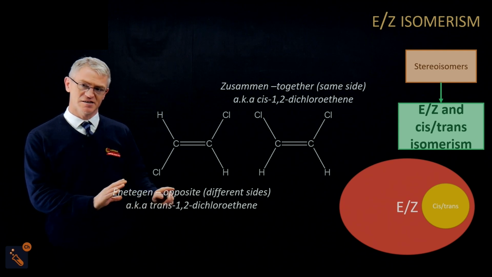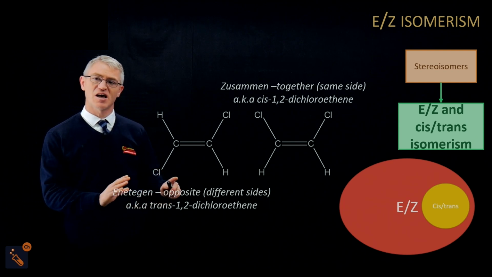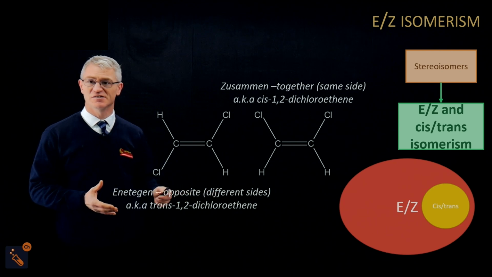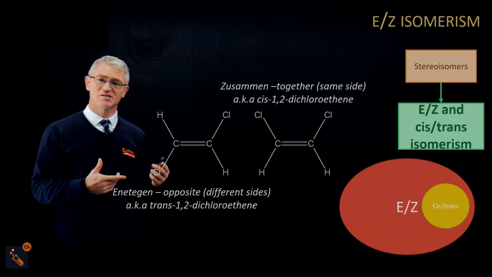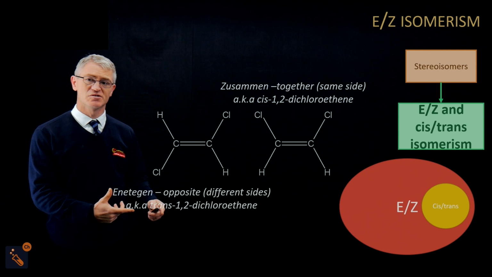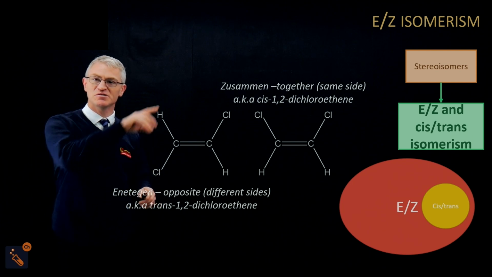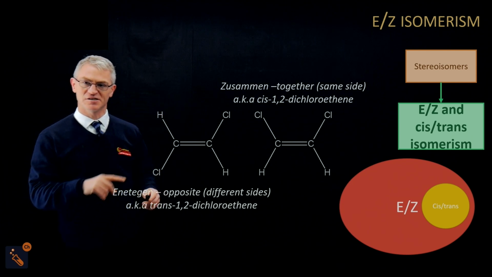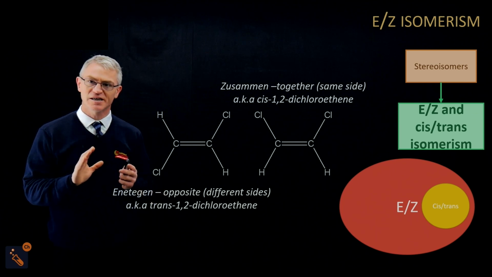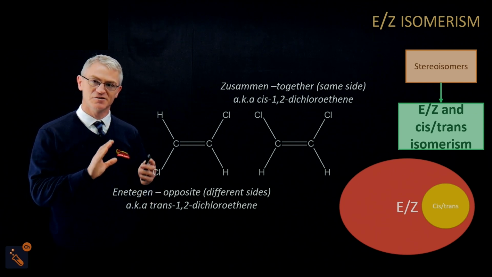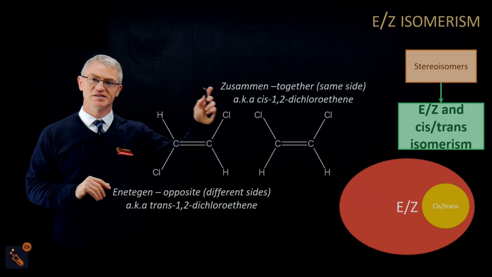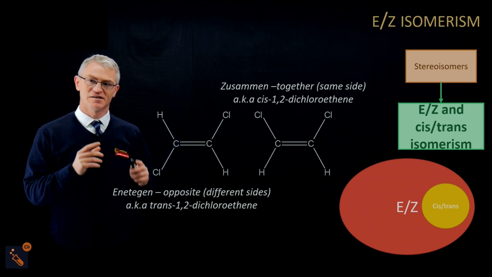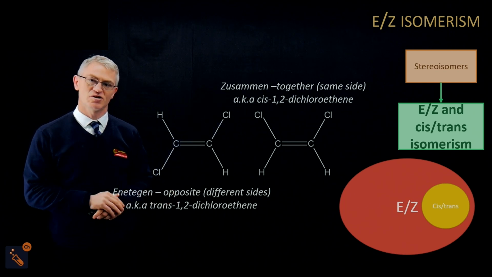The next one is unabhängig, which is a word that means opposite, different sides. And so that means that you can call trans isomers E most of the time. So most of the time, these two things go together. There are odd occasions, which we will show you, where they don't. So you can't automatically assume that Z is cis and E is trans.